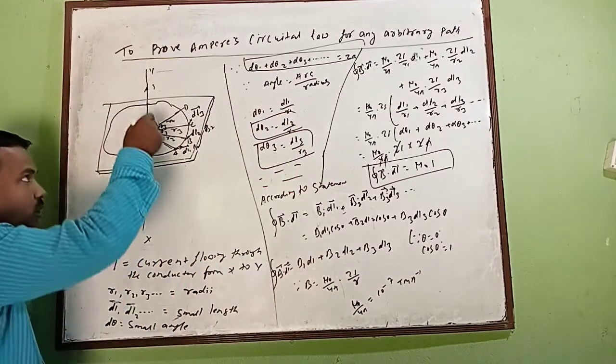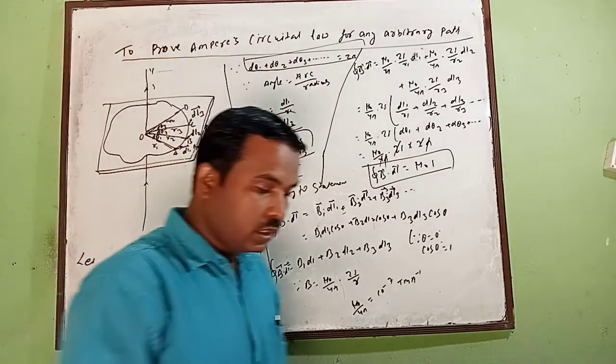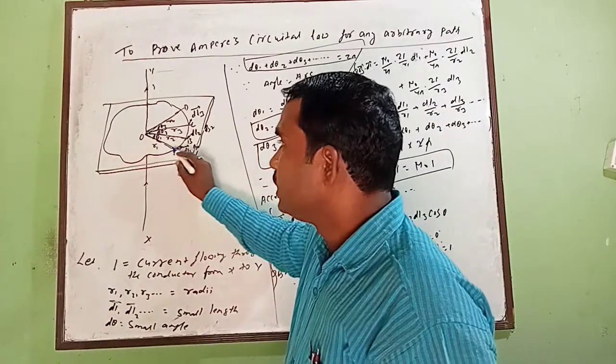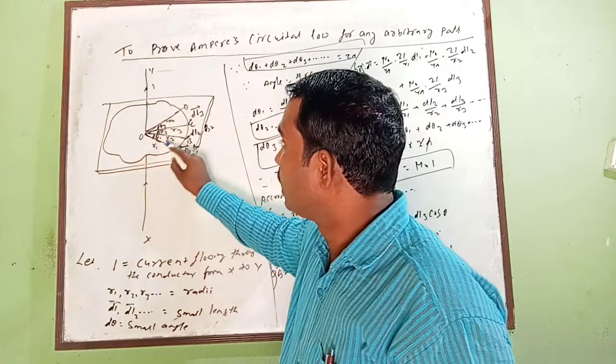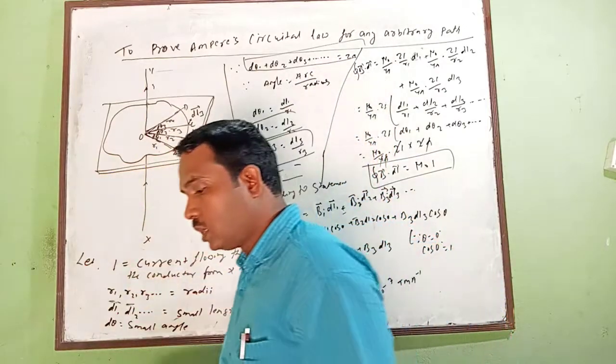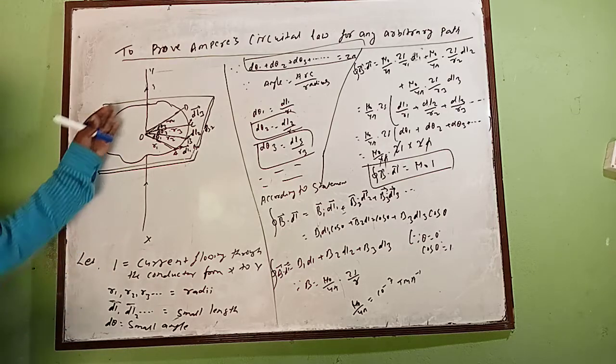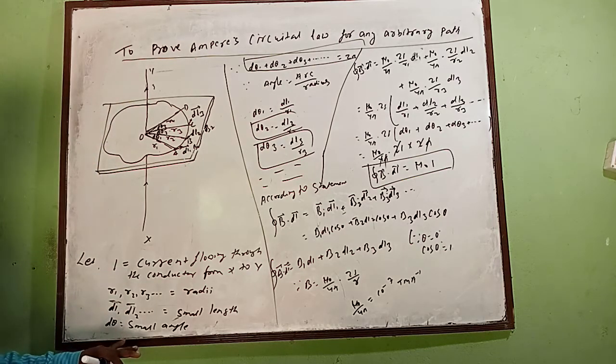Is it clear? The total angle of a circle is 360, and here are many radii, r1, r2, r3, that is the plural word. I is the current flowing. All things I have mentioned here.